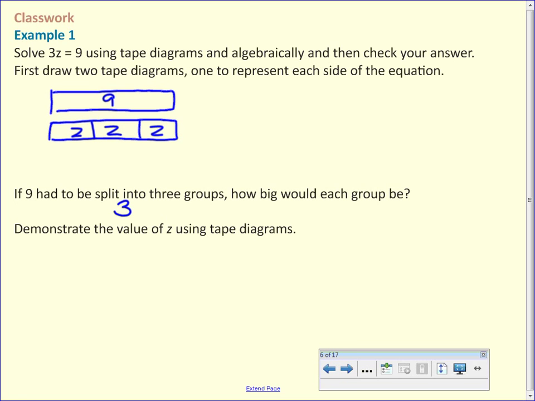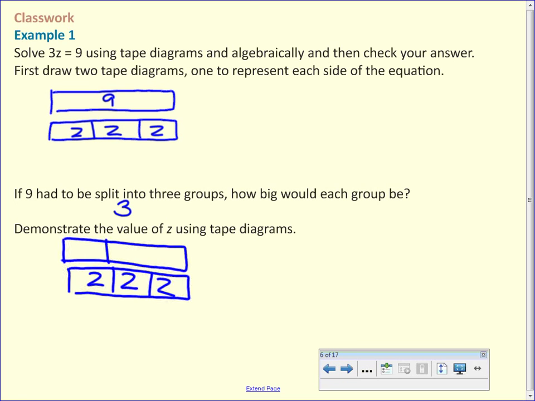So now let's demonstrate the value of z using tape diagrams. Well, I know that I had 3 groups of z. And I also know that if I take that 9 and separate it into 3 groups, each group would be 3.